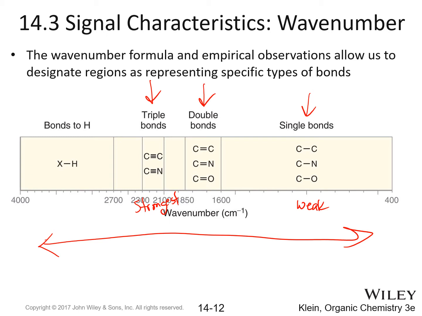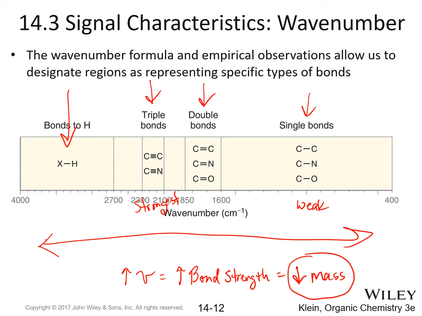The second factor was the mass. Remember, the wave number will increase with increased bond strength and a decreased mass. So let's try to understand why anything bonded to hydrogen has such a high wave number. Well, hydrogen has the smallest mass.